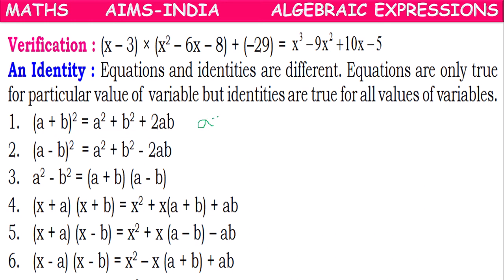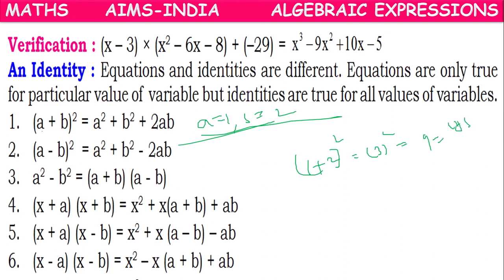Let's take a value 1, b value 2 and cross check the answers. 1 plus 2 whole square, 1 plus 2, 3 whole square, 9. Left hand side is 9.